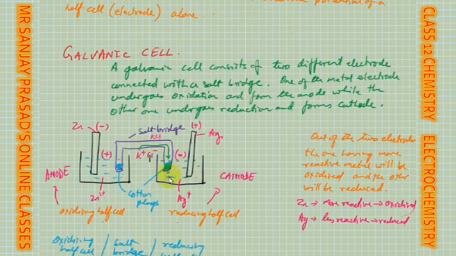Same way Cl minus. What will Cl minus do? Cl minus travels this way and reaches the other end. At that point it will neutralize the positive of that one. Positive zinc ion solution will be neutralized, isn't it? So K plus is neutralizing one solution, Cl minus is neutralizing the other.